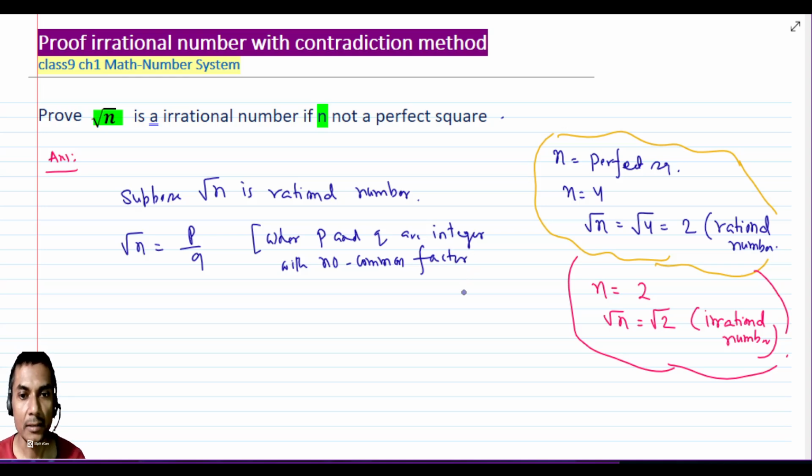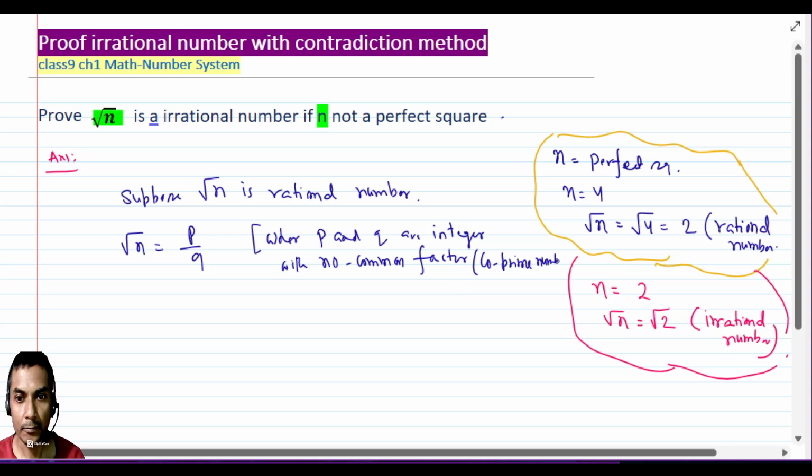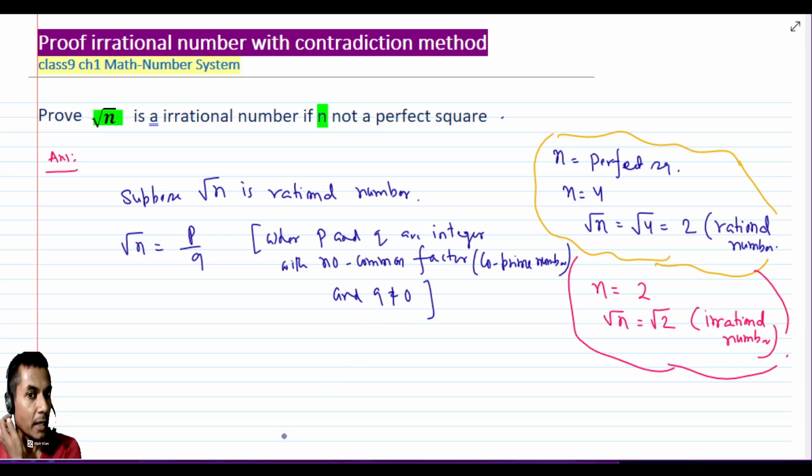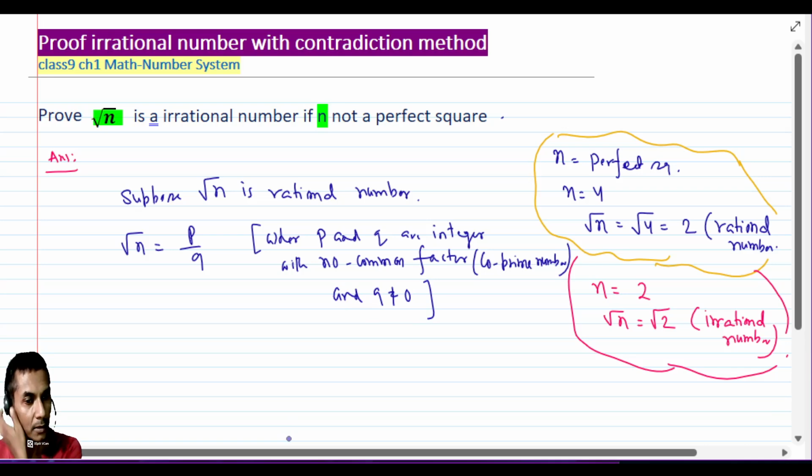No common factors other than 1, meaning you can say co-prime numbers. And q not equal to 0. This is the condition of any rational number. Clear?